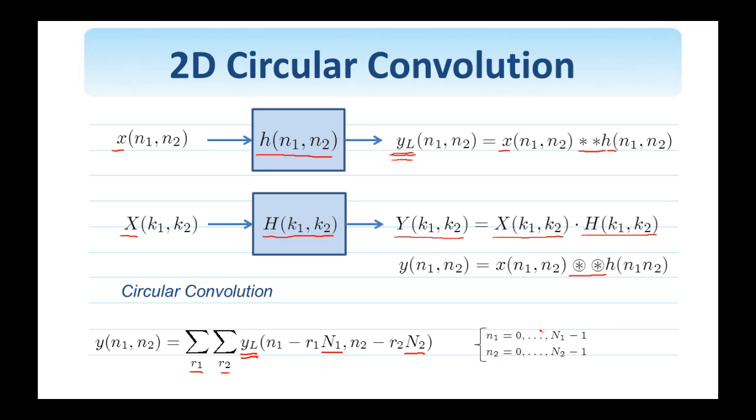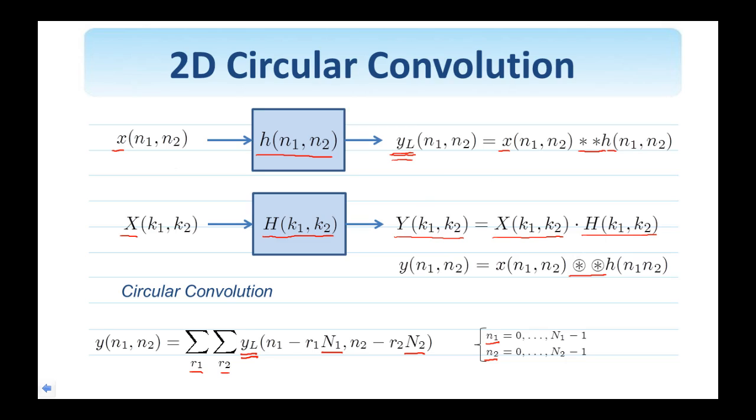And then after I do that, I keep just the base period, so n1 is from 0 to N1 minus 1, and n2 from 0 to N2 minus 1. It should be noted here that in order to perform circular convolution, the two signals should have the same support, and the result of the circular convolution gives me an image of the same support with the two images I'm circularly convolving.